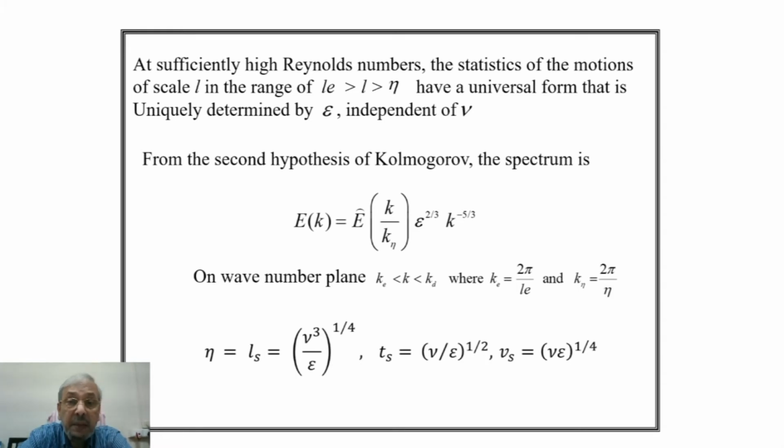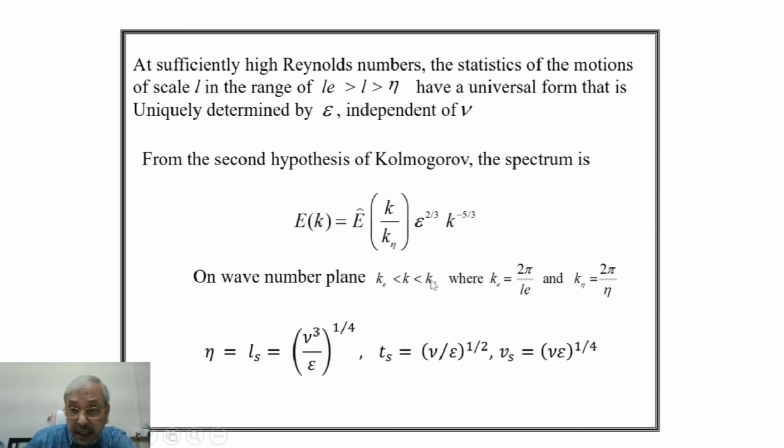From the second hypothesis of Kolmogorov, the energy spectrum is given by E(k) proportional to ε to the power 2/3 and k to the power minus 5/3. On the wave number plane, k lies between ke and kη.